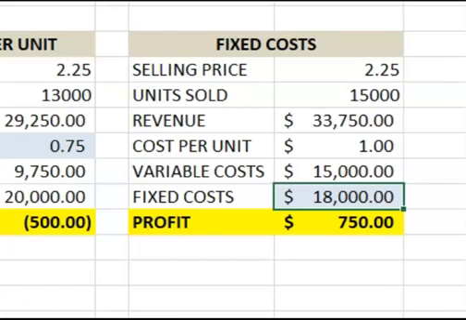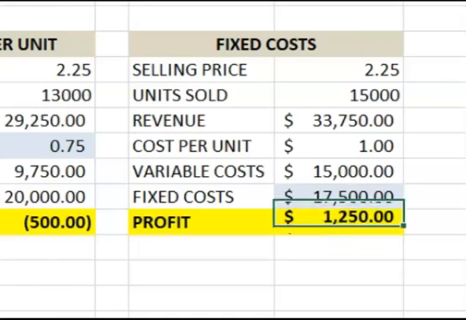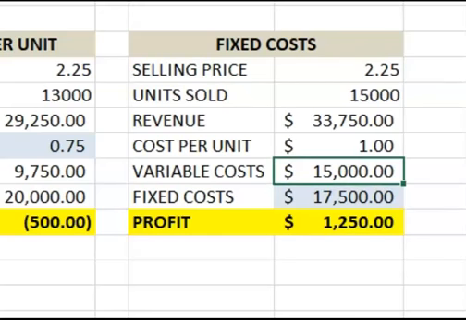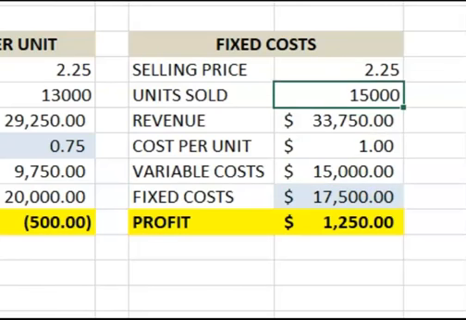It's not a lot. If I could drop it more, let's go to 17,500, right? So I drop my fixed cost, and now at least I'm making some profit instead of losing money. But there again, every time I change something, how did I change fixed costs? Did I stop doing advertising? If I stop doing advertising, then guess what?